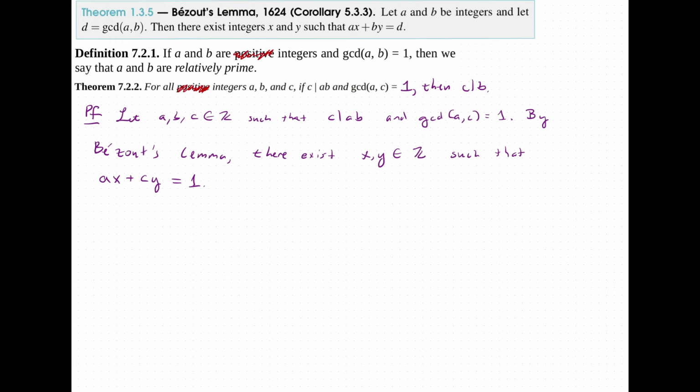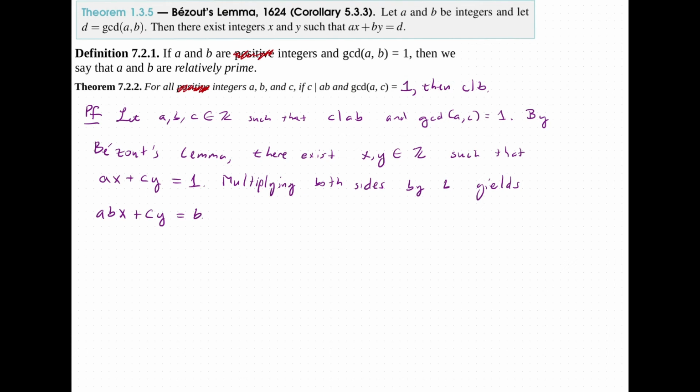So let's go ahead and do that. So multiplying both sides by b yields that we have abx plus cy is equal, and now we have b.